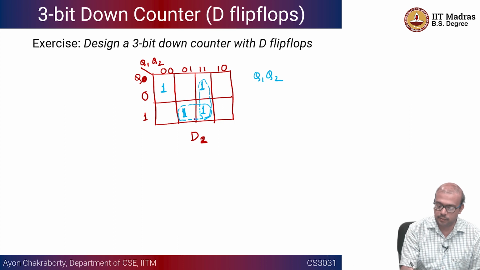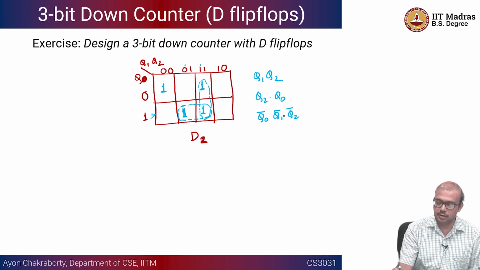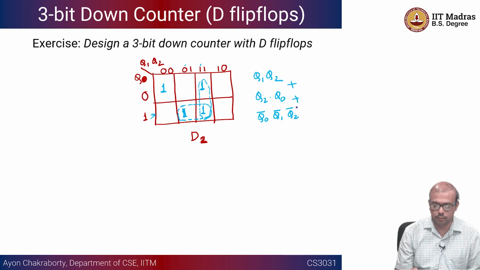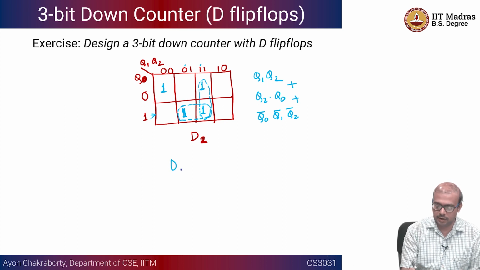In the other one, Q1 is going to vanish because this is 0, this is 1. Q2 is going to remain, and Q2 and Q0 bar, and the other single one is Q0 bar, Q1 bar, Q2 bar. So this is going to be a simplified expression for D2. Similarly, you can solve for D1 as well as D0.